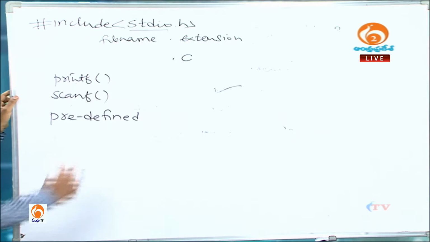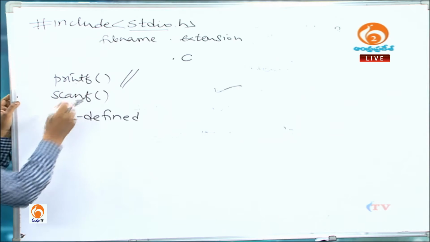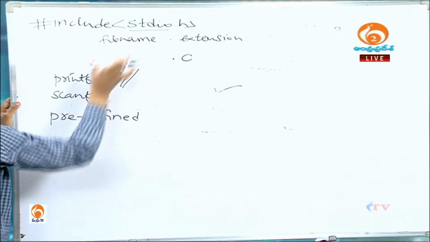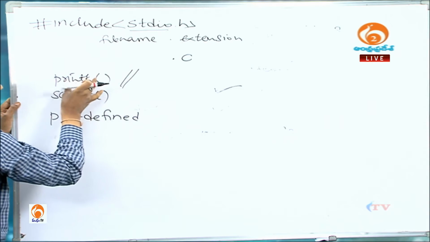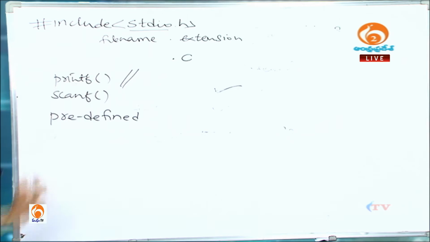Printf means whenever this function is called, whatever code is available in the printf function definition, that definition will be substituted here, included at the place of the function call.